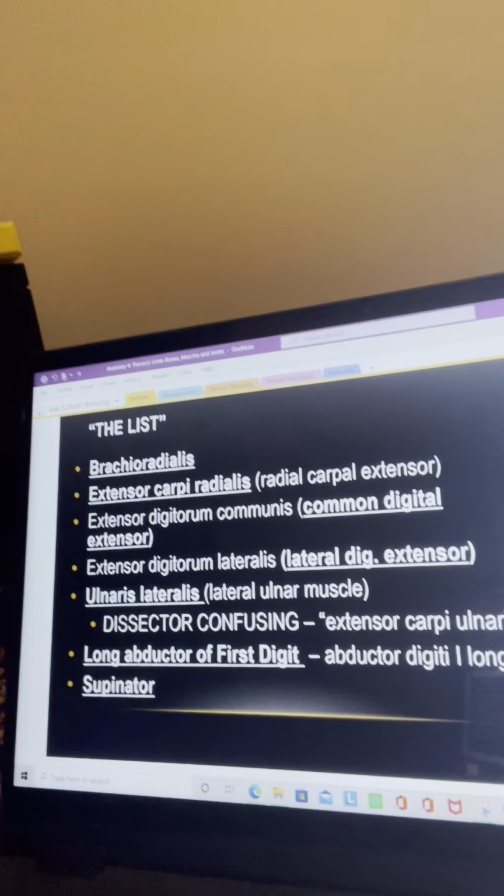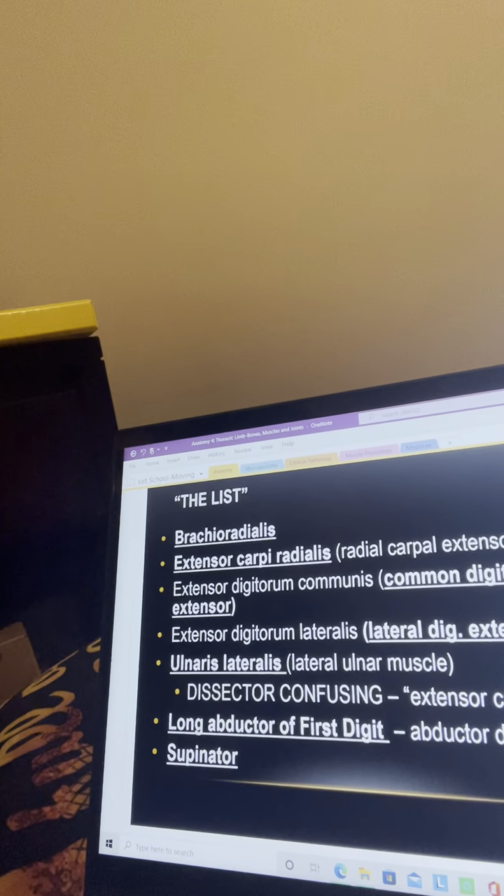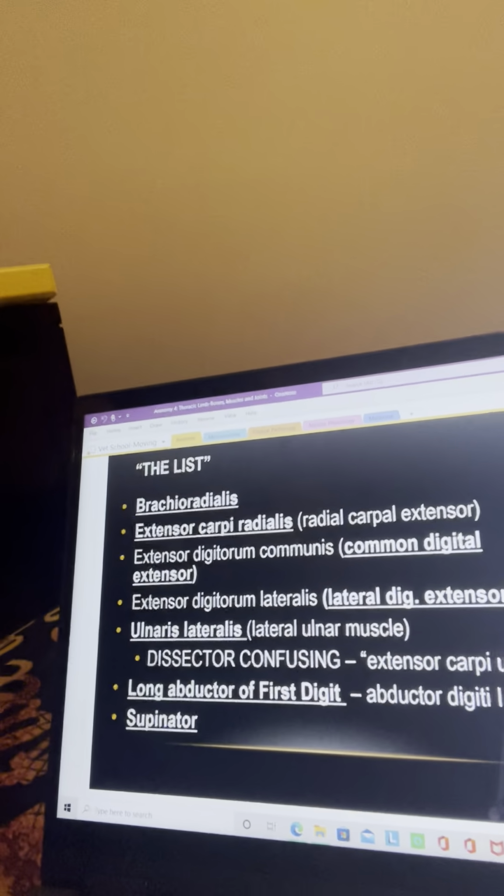Anyways. So, functional groupings: extensors of the carpus and digits are craniolateral. The common origin is the lateral extensor epicondyle of the humerus. The list we need to know is this one, which we kind of went over in lab. So we need to know the brachioradialis, which I showed you. We need to know the extensor carpi radialis, which I think we're doing tomorrow in lab, so I can't show you these yet.